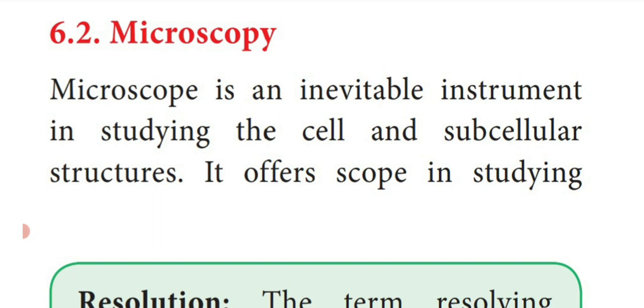The word microscope consists of two Greek words. One is micros, which means small. Scope means to see. So these are the two words present in the Greek word microscopy.